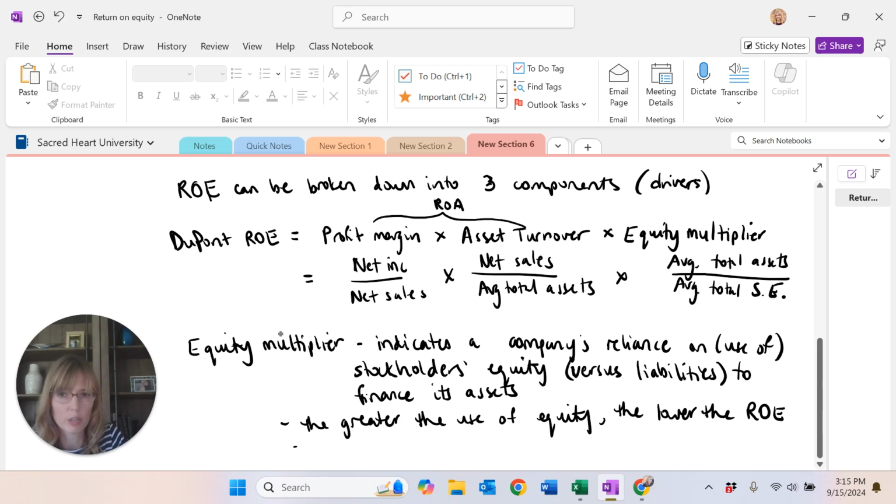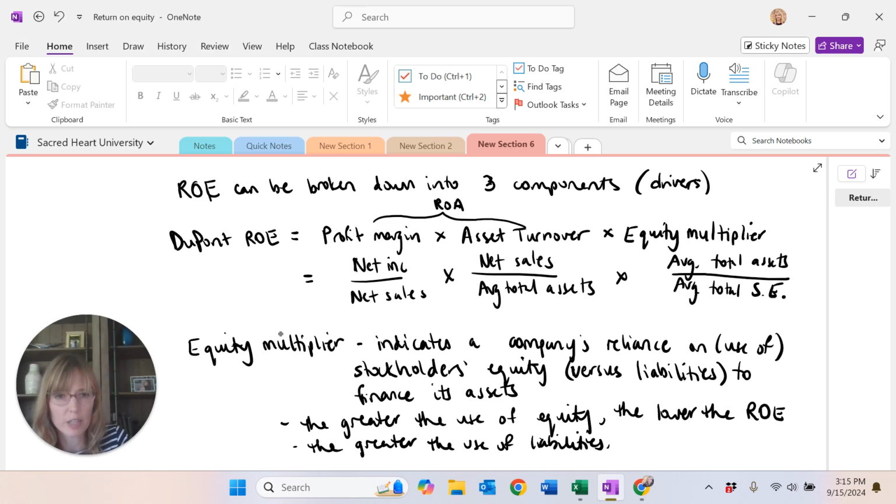And of course, the greater the use of debt or liabilities, well, that's really good for the stockholders, because net income is going to be the same regardless of whether you're using equity or liabilities, other than the fact that liabilities, long-term debt comes with interest expense.